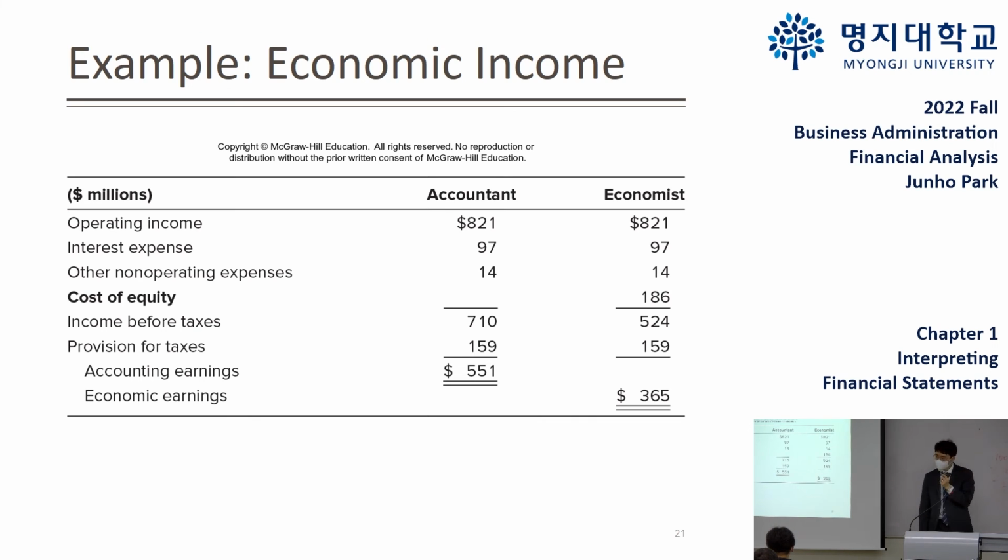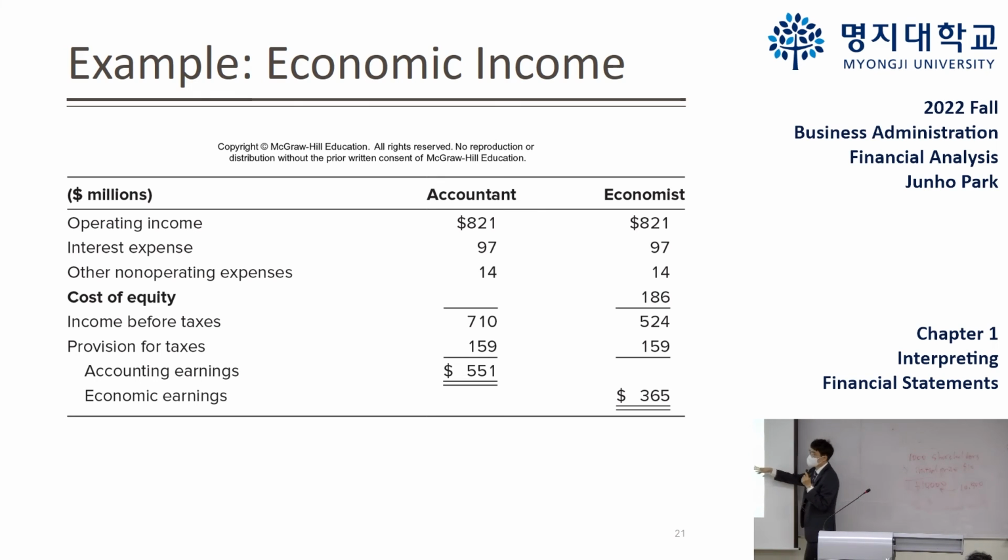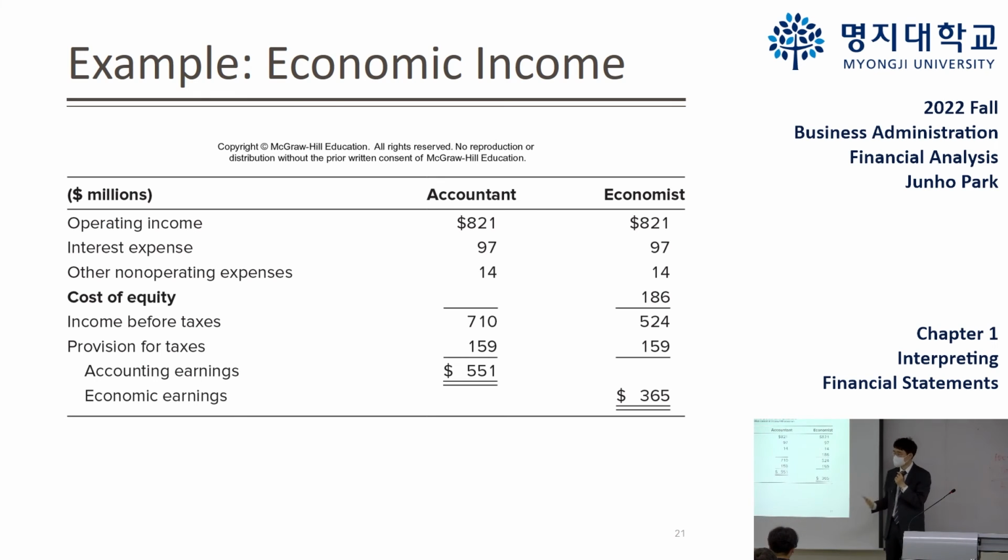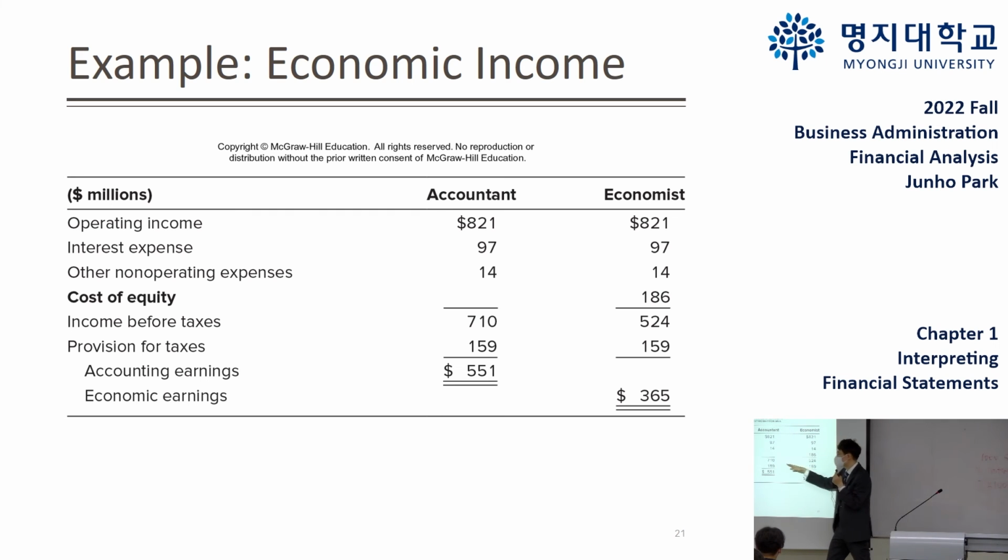But one interesting thing is that the government also does not know our cost of equity, so they will only rely on the financial statements. So the taxes are paid the same as in the previous case. Taxes are calculated based on the financial statements, so there's no difference in taxes in the two cases.